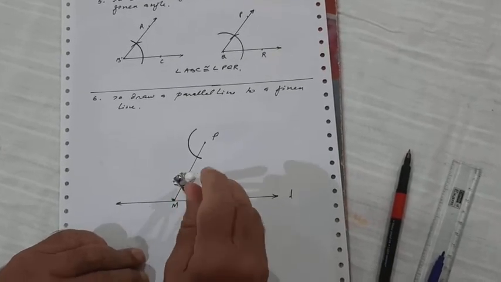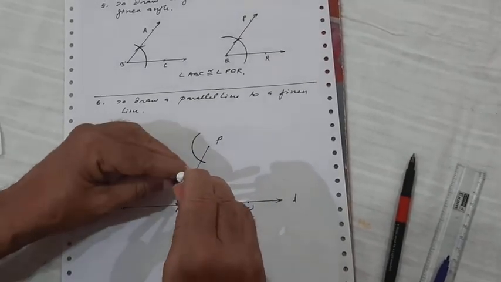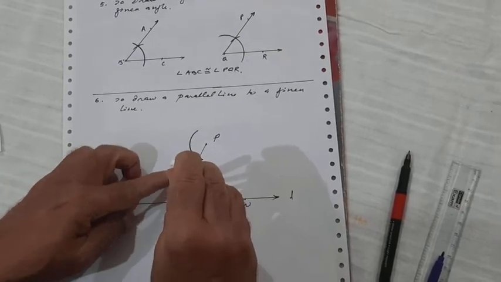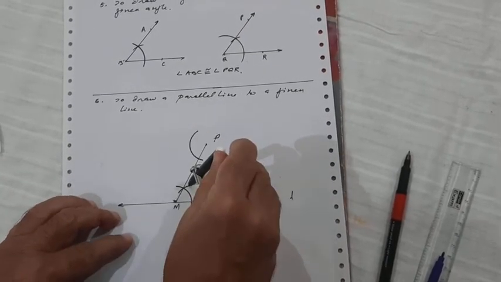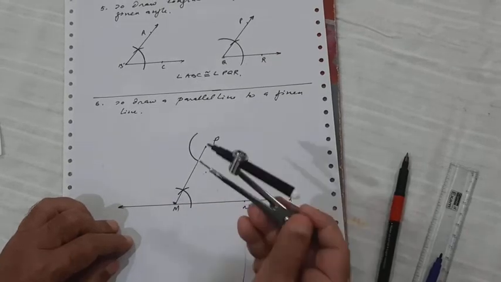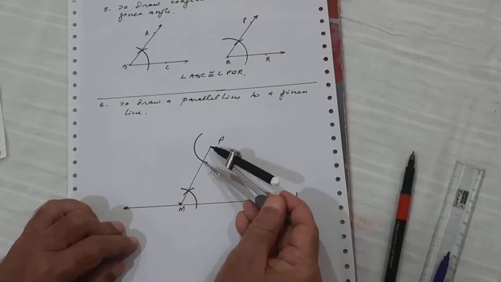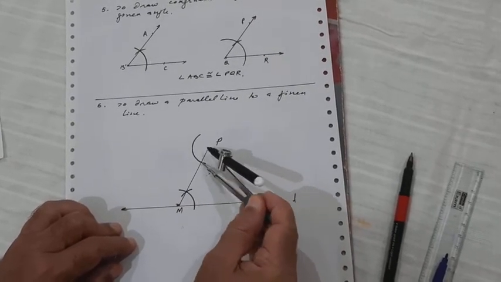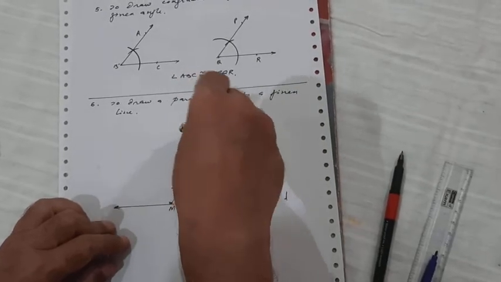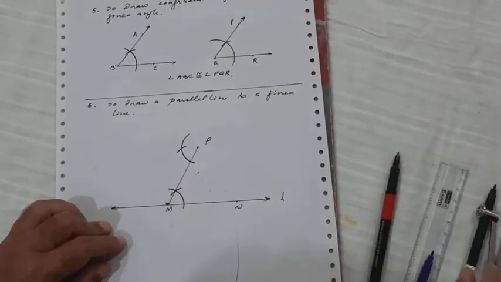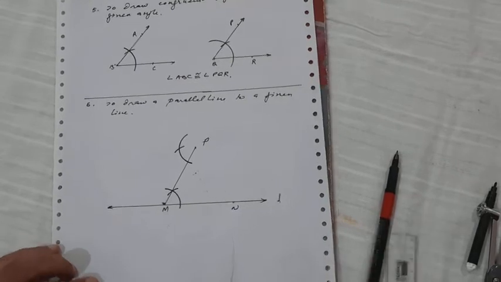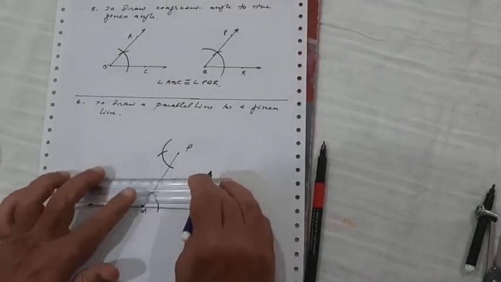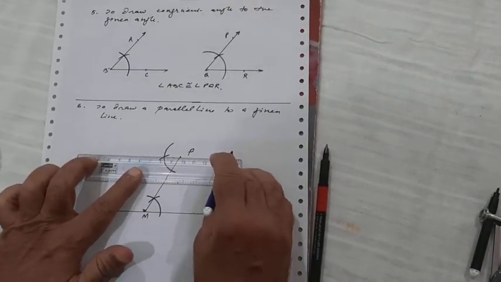Keep the compass either up or down, anywhere, and adjust your distance of this angle. Now similarly keep it on this segment PM, and cut this. Very simple.